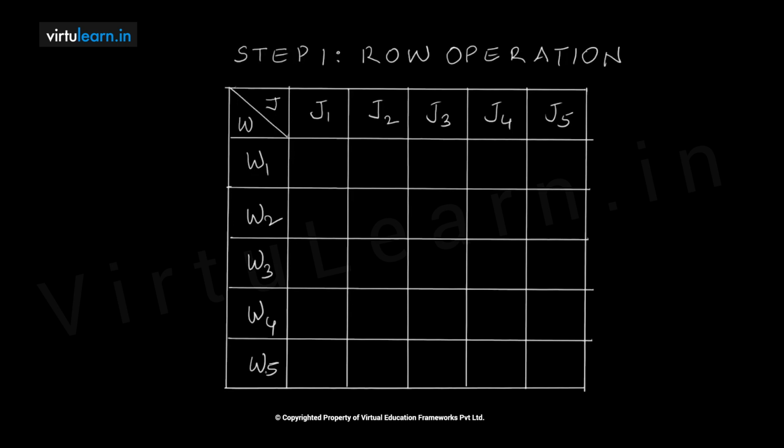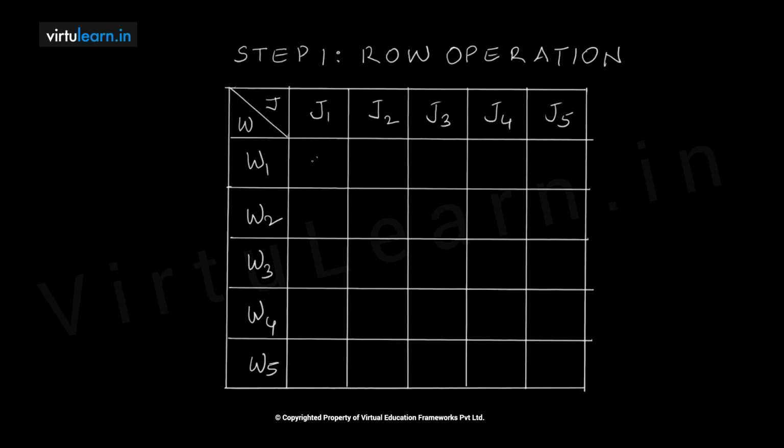In this table, we have seen in the first row we have 10, 15, 11, 16, 18. Among them, 10 is the least element and we have to subtract that element from all the elements of that W1 row.